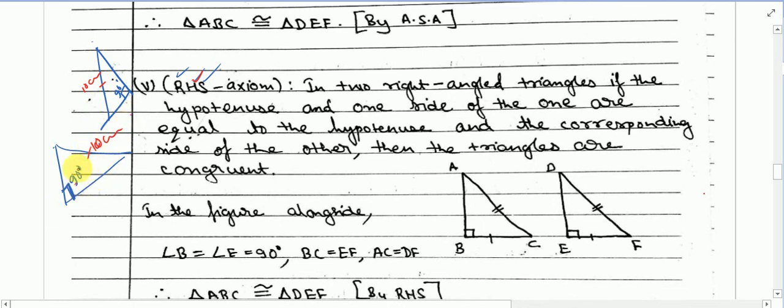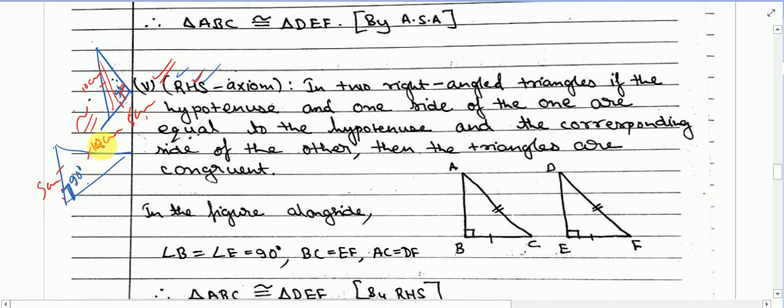And let's say this is 5 and here this is 5. So these two will be congruent because right angle means 90 degree, hypotenuse 10, and one side is 5 centimeter. Due to this axiom, or condition, or criteria, these two triangles will be congruent.